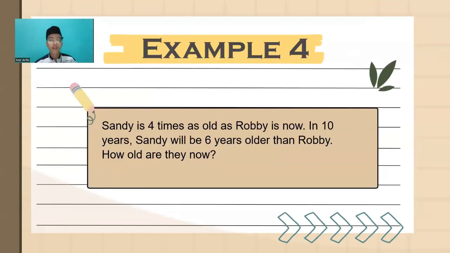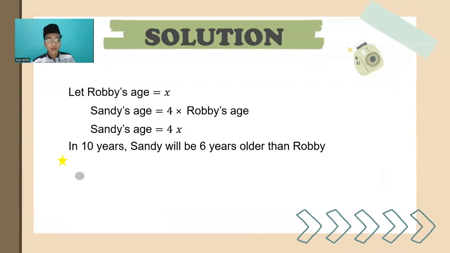Next, example 4. The question is: Sandy is 4 times as old as Robbie is now. In 10 years, Sandy will be 6 years older than Robbie. How old are they now? The solution: let Robbie's age be x, and Sandy's age is 4 times Robbie's age, so 4x.